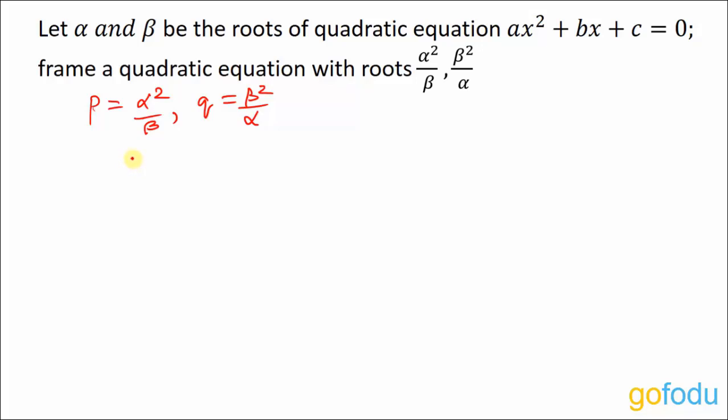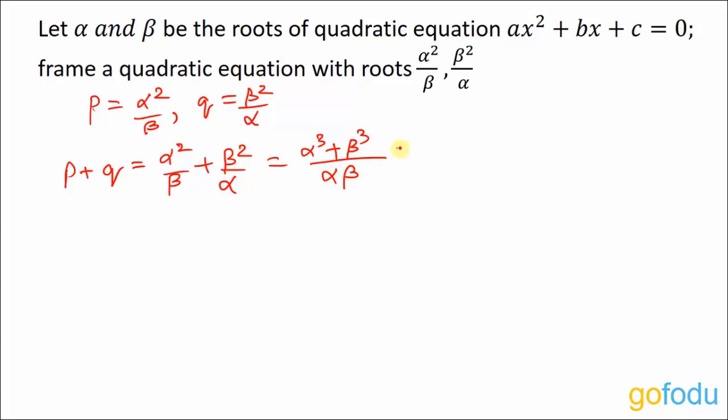So p plus q will be alpha square upon beta plus beta square upon alpha. Take the LCM, this will be alpha cube plus beta cube upon alpha beta. And from here we can get alpha plus beta and alpha into beta. Alpha plus beta, sum of root, is minus b by a, and alpha beta, product of root, is c by a.